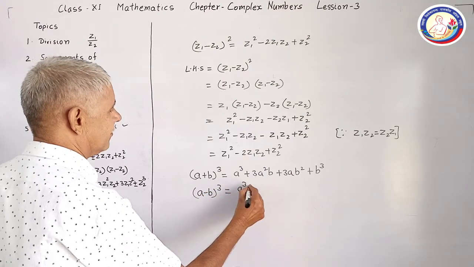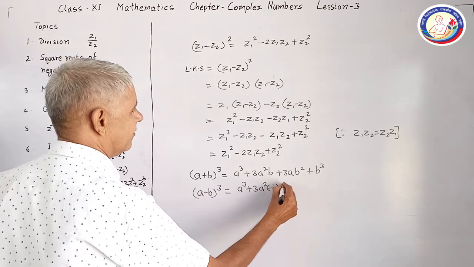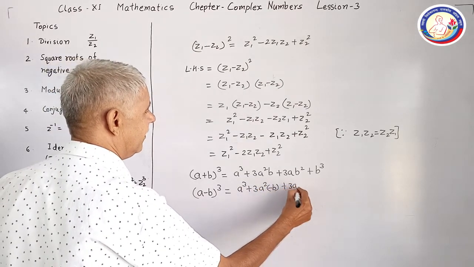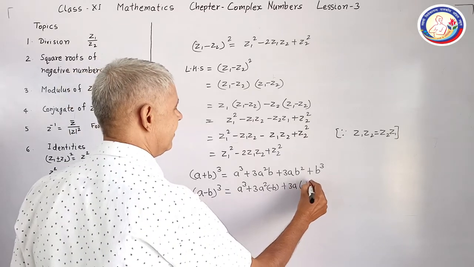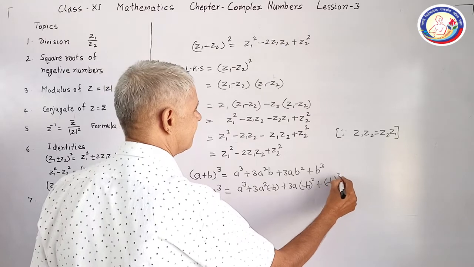A cube plus 3a square into minus b plus 3a into minus b square plus minus b whole cube.